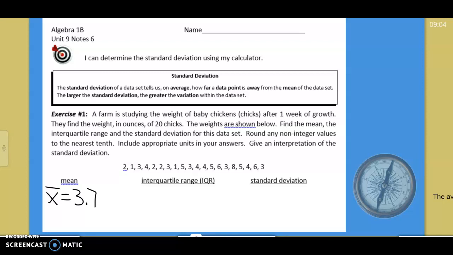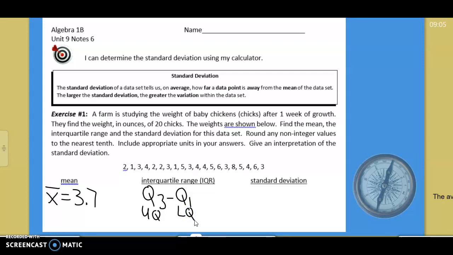So this is the range, the difference between the highest and lowest, but between the Q3 and the Q1. And remember that this is the upper quartile, and this is the lower quartile. We're missing the median.